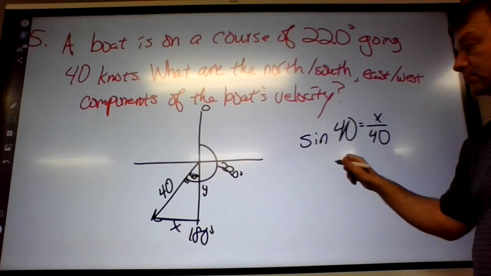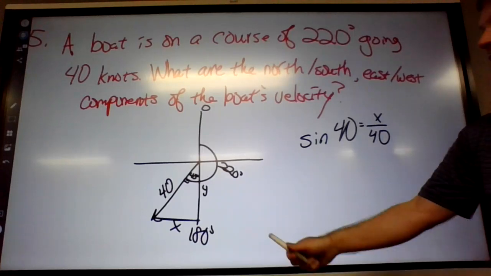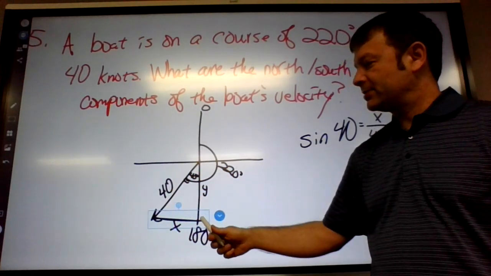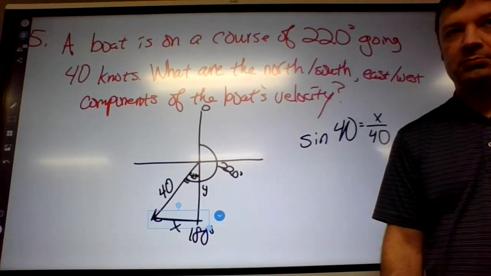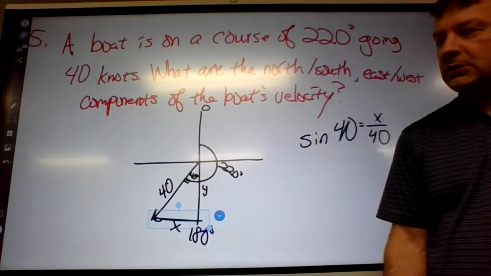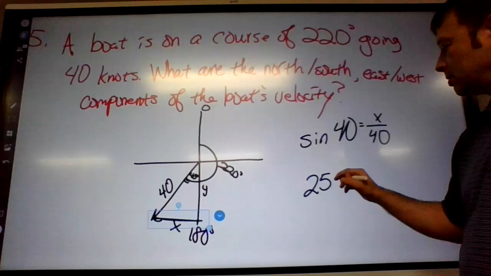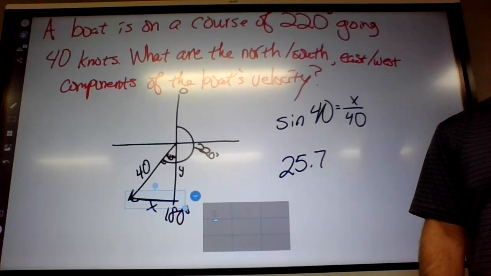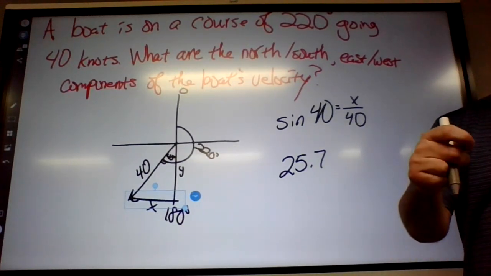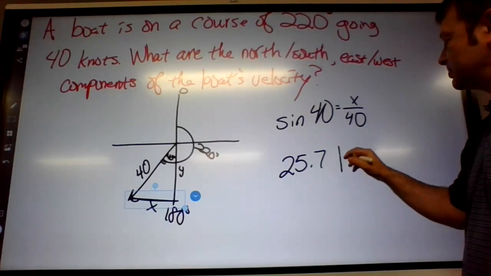Don't write that down, this is my guess. I'm guessing 18. 5.7. Way off. Okay, technically this would be labeled nautical miles per hour, or I guess it'd be knots too.